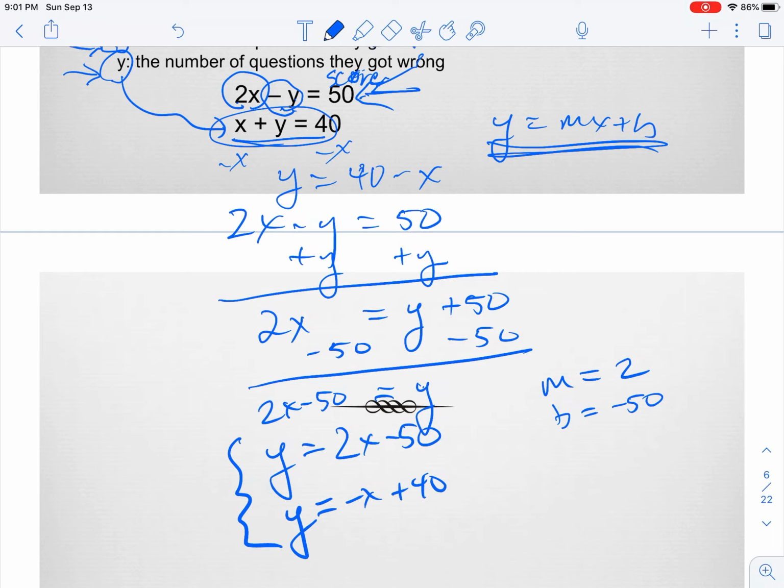That's my first equation. I could hit graph right away, and I can see that my window isn't quite right. So what I would suggest is that we change the window.